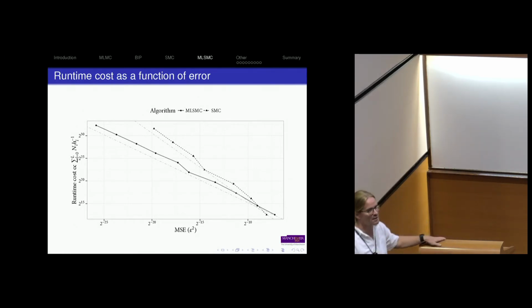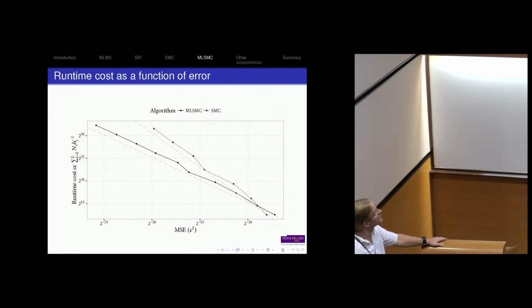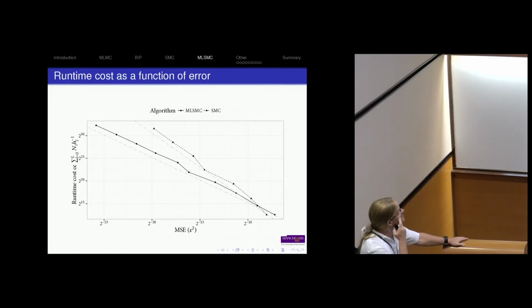So this is a 50-dimensional diffusion coefficient, and we're estimating that using this multi-level sequential Monte Carlo versus a standard sequential Monte Carlo method where we don't subsample and we don't use a telescopic identity. And you can see, so this is mean square error decreasing from right to left, and cost is increasing from bottom to top.